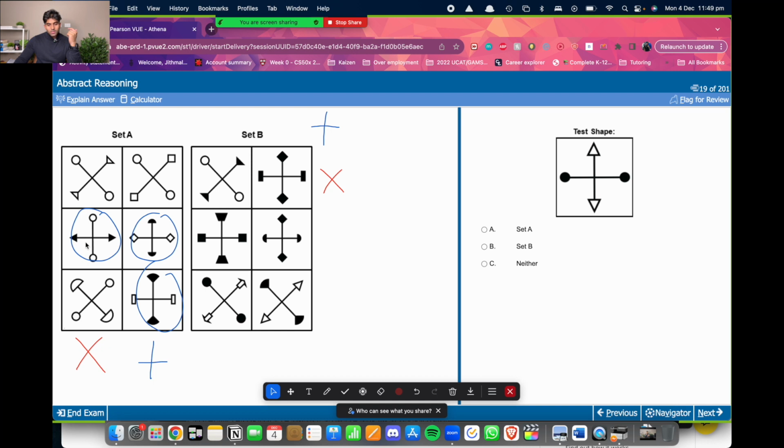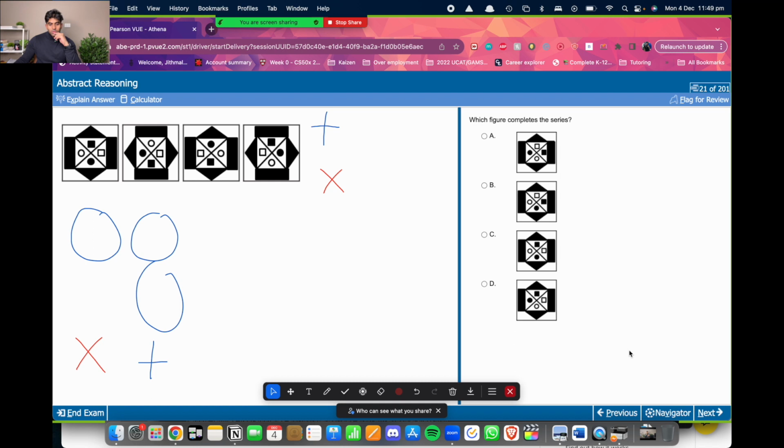So I know that's going to be correct. Yeah. So it should be A. All black being plus, that has to be B. Okay.